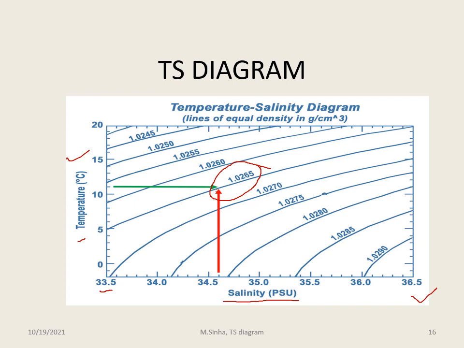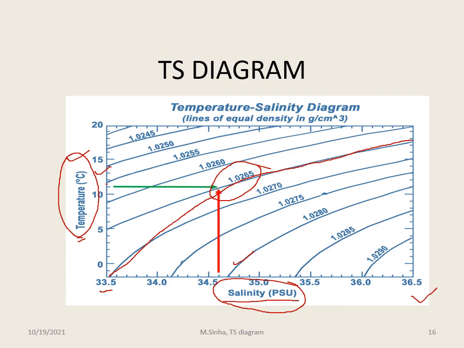Better to say halocline and thermocline lines. Isosalinity is known as the halocline line, and isotemperature is known as the thermocline line. On the basis of the halocline, related to salinity, or the thermocline, related to temperature, the equal density points of the water masses, the equal density points of the water bodies, are identified.